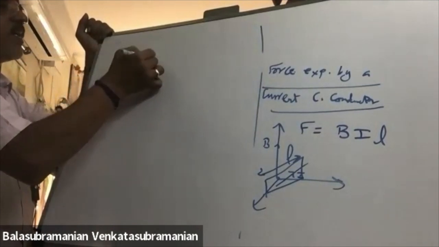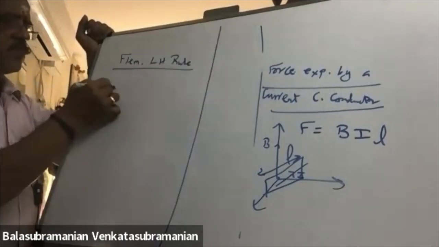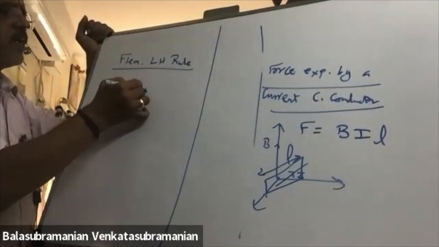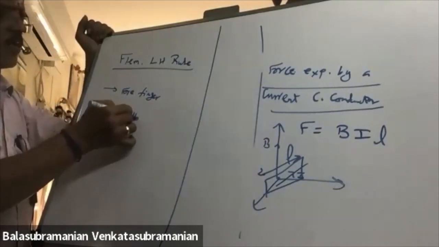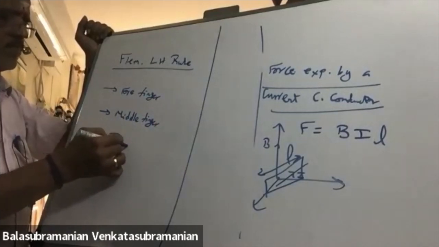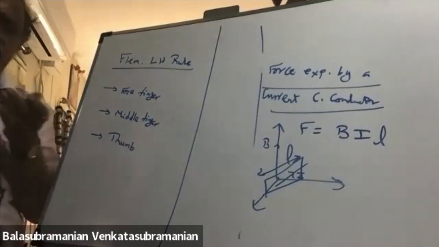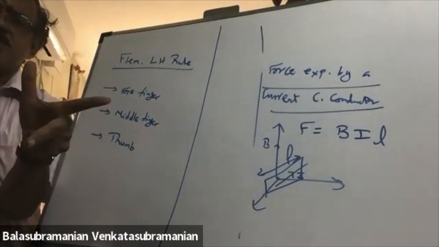Fleming's left-hand rule: forefinger, middle finger, thumb. Keep all the three in mutually perpendicular directions.